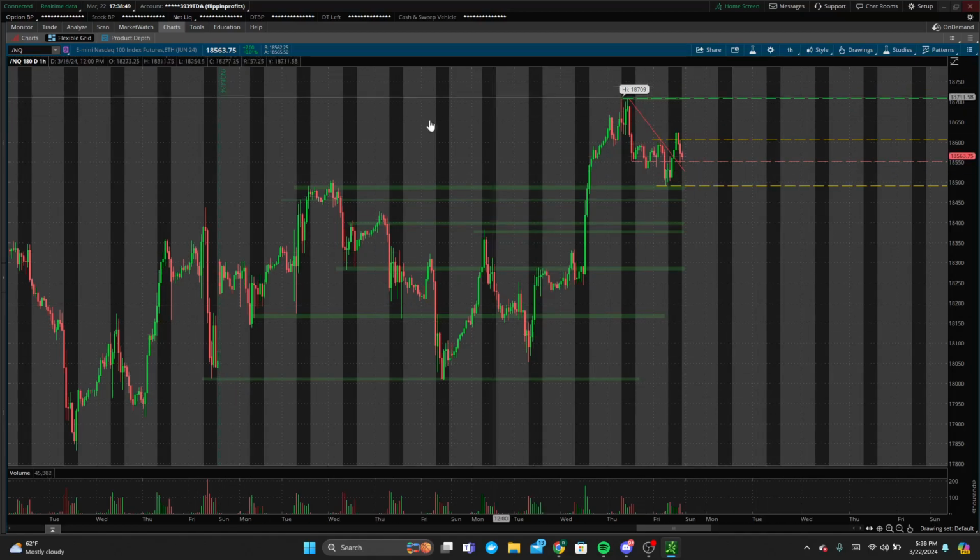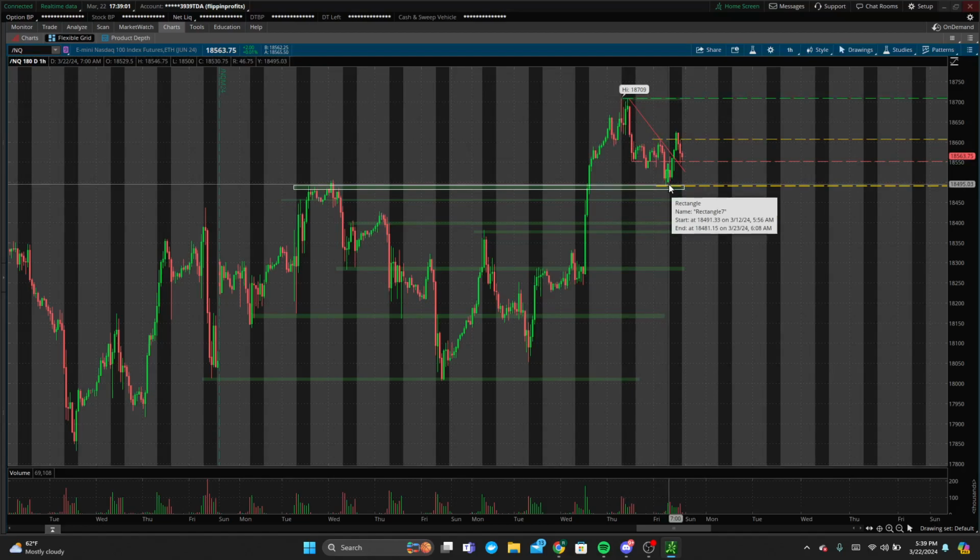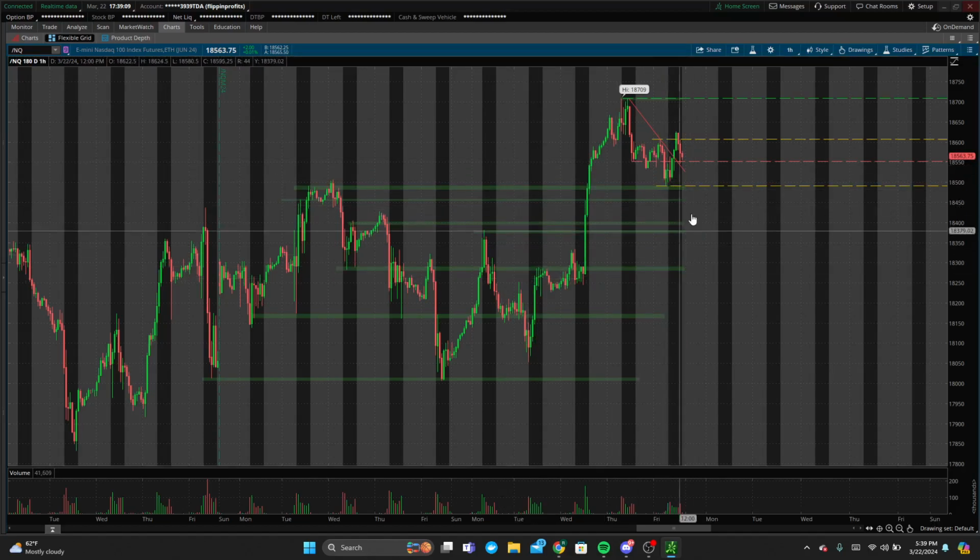But had I zoomed out and looked at the grand picture, right? We've been in an uptrend. The market's bullish. We've been setting new all-time highs. We just set a new all-time high the prior day, and we were pulling back to the previous all-time high. That's a beautiful setup for bullish continuation up. So I just didn't keep my eyes open to the grand scheme of things, and now that I look back, it's extremely obvious.